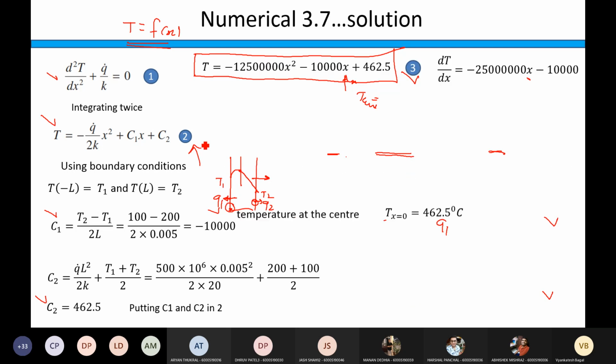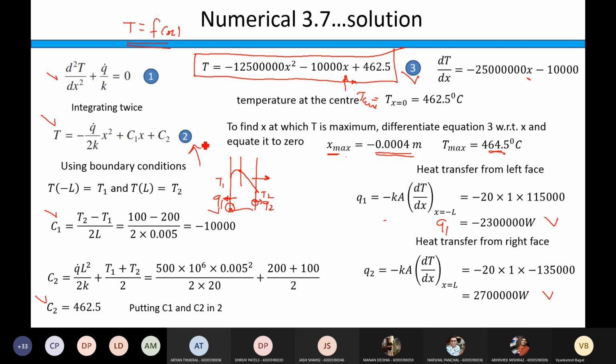So if you look at the values of Q1 and Q2 and compare them with the volumetric heat generation, Q dot, if you multiply this Q dot by A into L, where A is 1 meter square, and this length, so you have to take the total length, this value will match with these two values, Q1 and Q2, right?